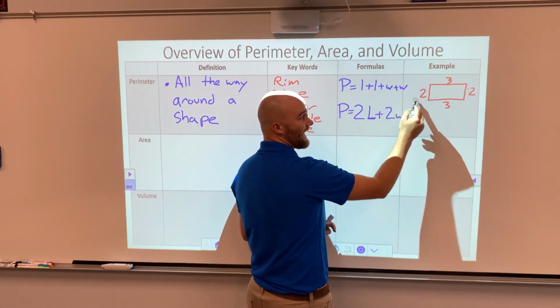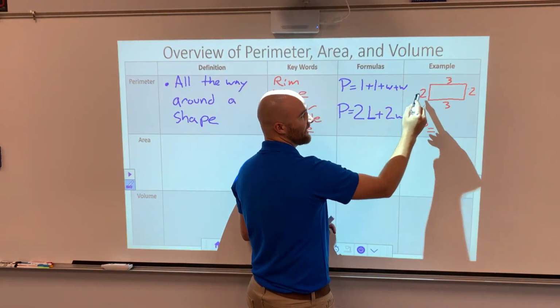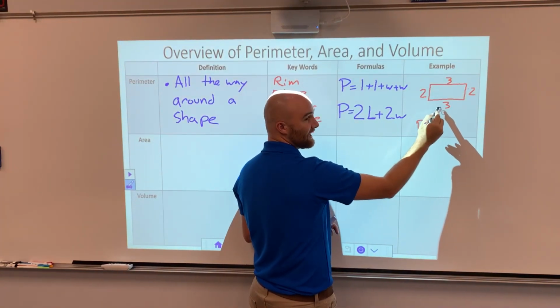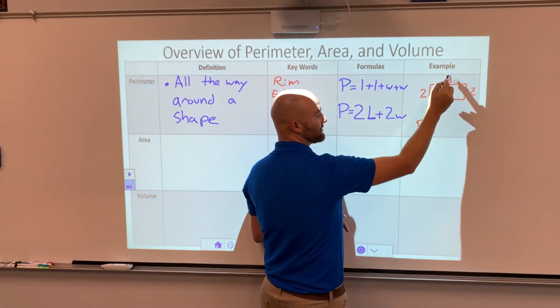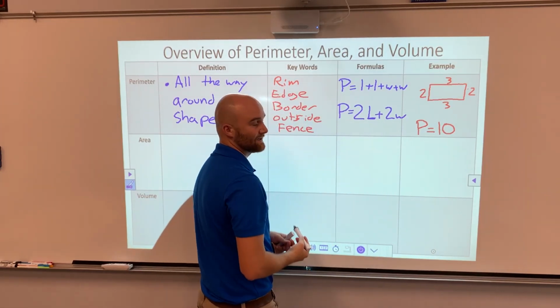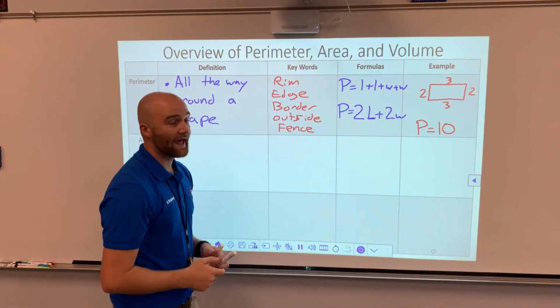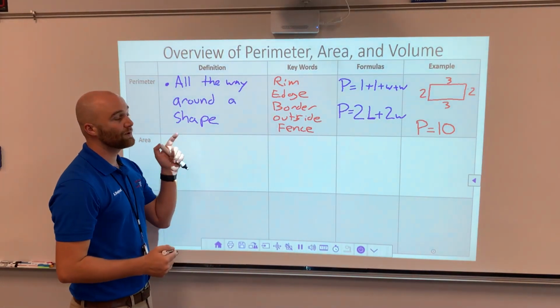So now, if I were to add up all the sides to find my perimeter, I've got 2 plus 3 is 5, plus the 2 is going to give us 7, plus the 3 is going to give us 10. Our measurement is 10.